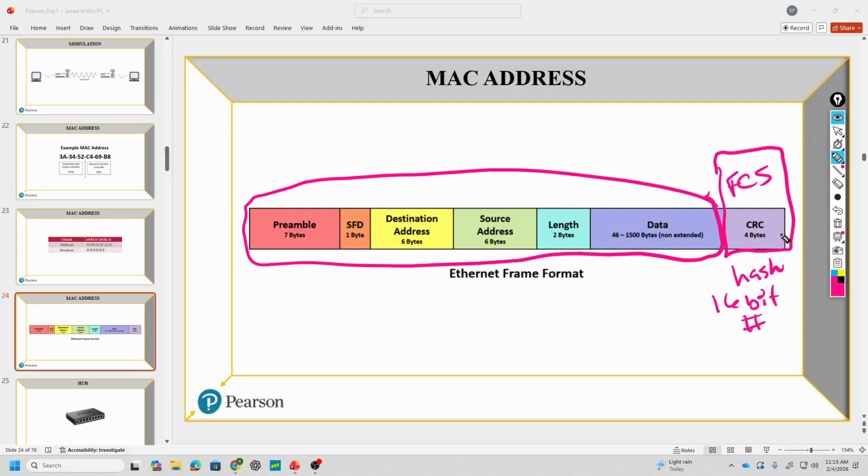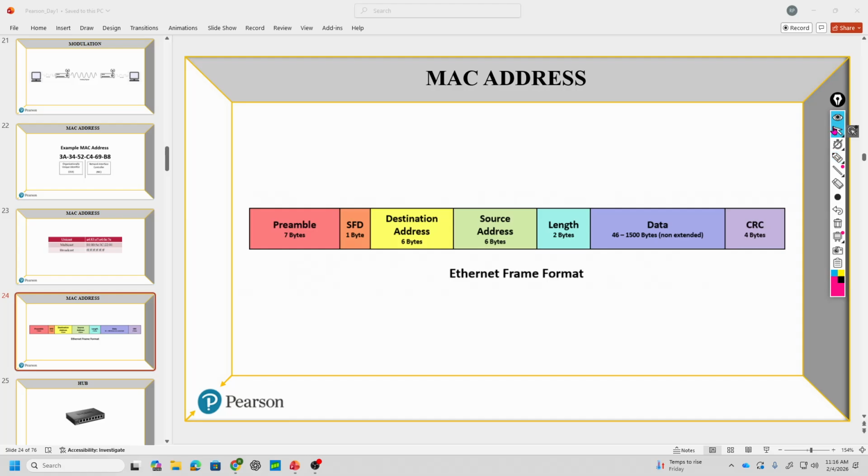And so when it arrives at its destination, the first thing that machine does is take this number and rehash that again and make sure this 16 bits equals that 16 bits. They are not changed, okay? And that's really what we do with hashing mostly, is provide integrity, that nothing has changed along the path.